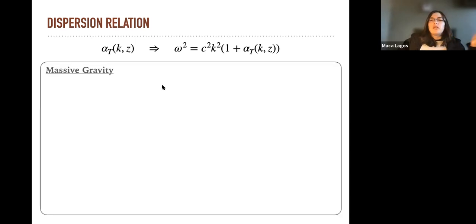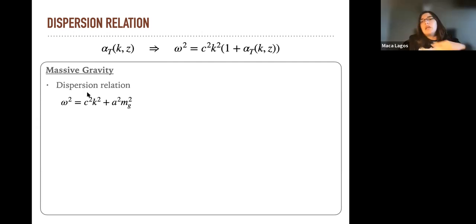One of the most intuitive examples of a modified dispersion relation is massive gravity. What if gravity was mediated by a massive graviton instead of a massless graviton? In that case, you're going to have a dispersion relation of this form. It deviates from general relativity just because of this mass term here. Mg is a constant, and here a is the scale factor.